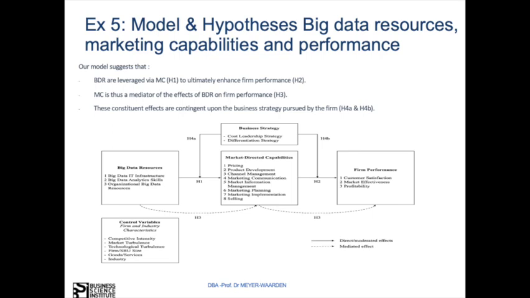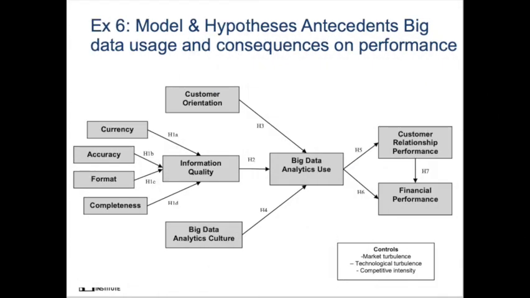And there's one moderating variable, which is the business strategy, namely differentiation versus cost domination, according to the framework of Michael Porter. Or here we have independent variables, data accuracy, format, and completeness, influence the mediating variable, information quality, subsequently big data analytics use, and the dependent variables are customer relationship performance and financial performance.